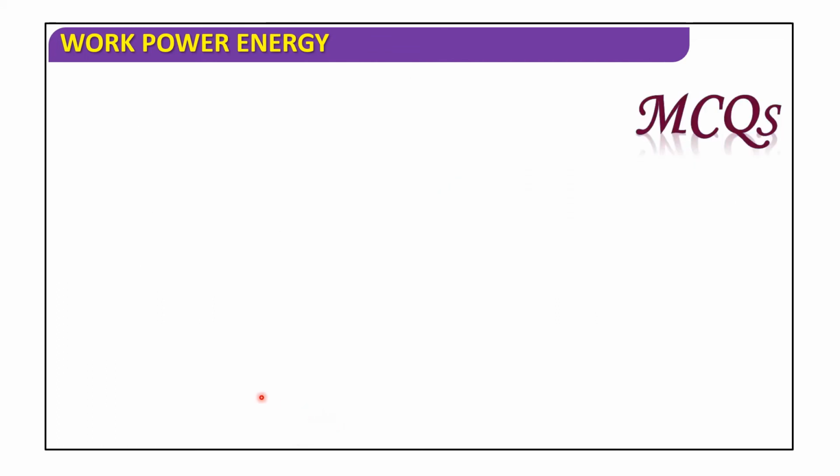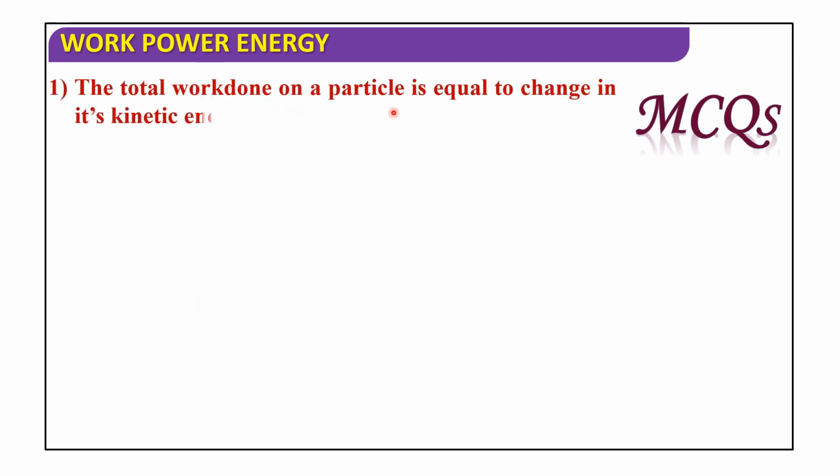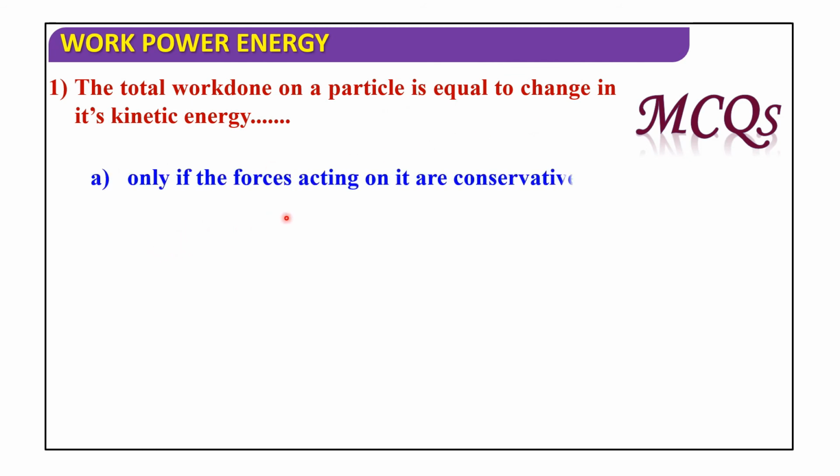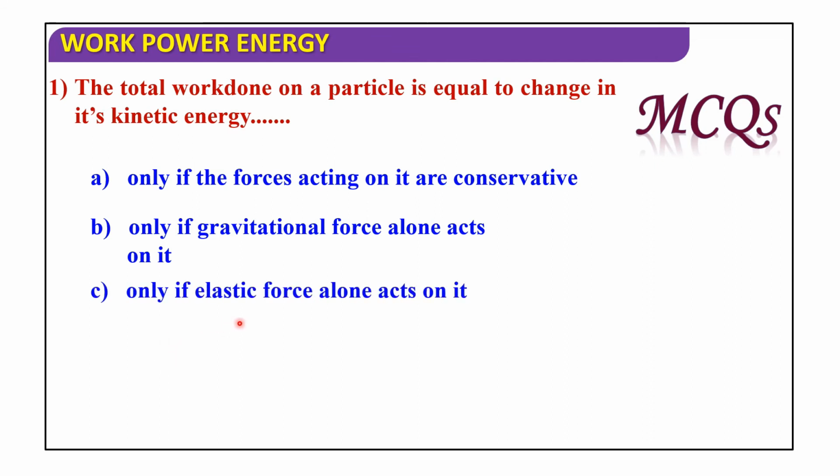Now I will discuss MCQs. The total work done on a particle is equal to the change in its kinetic energy only if the forces acting on it are conservative, only if gravitational force alone acts on it, only if elastic force alone acts on it, or for any kind of force acting on it.